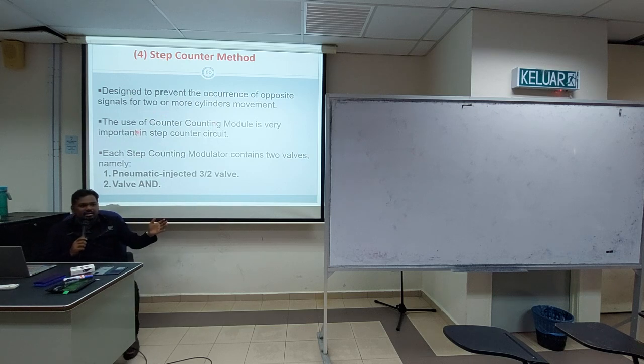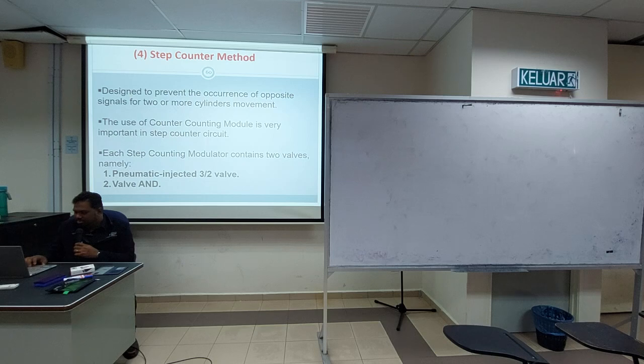Earlier in cascading, what was its speciality? What extra thing is available in the cascading method? There is one valve, the group changing valve. So the cascading method has a group changing valve. In the step counter method, you have a step counter module.